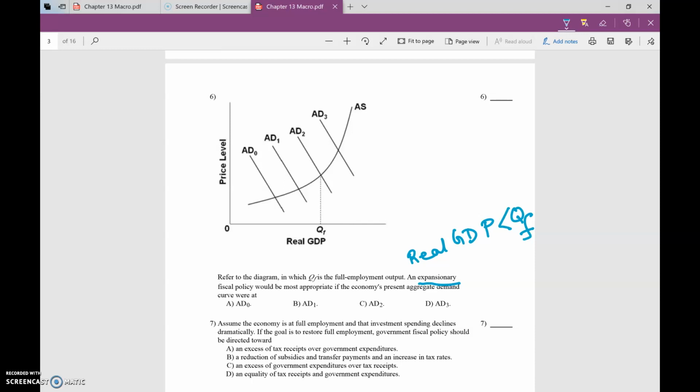So here the AD0 is less than QF, AD1 is less than QF, AD0 is most appropriate because it's way less than QF. Okay.